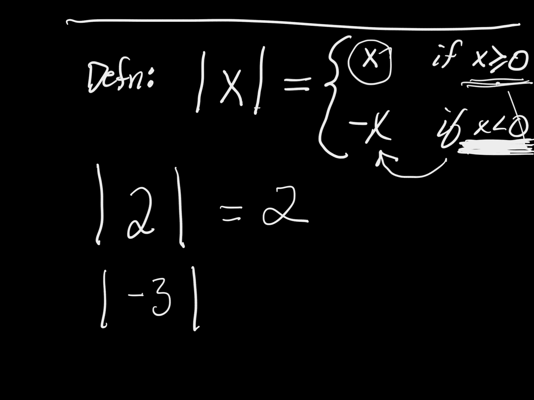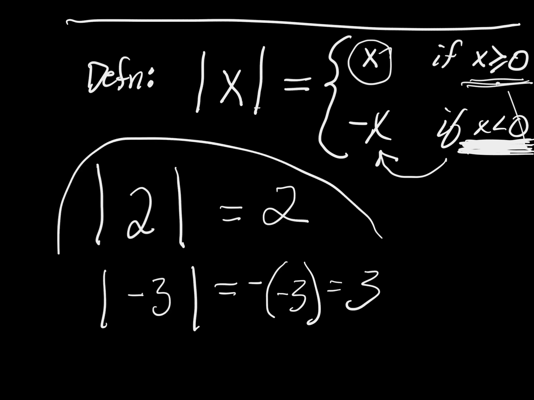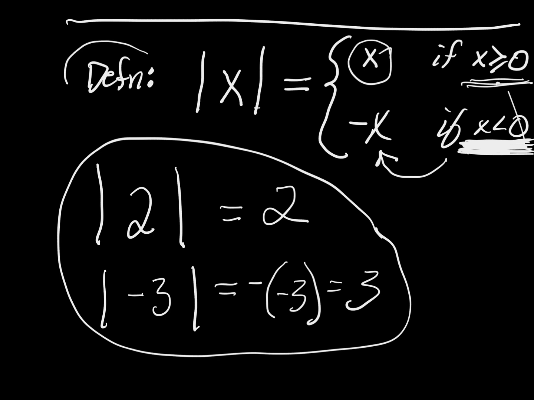Therefore, to write the absolute value, I need to take the opposite of what's inside there. So I need to take the opposite of negative 3. But the opposite of a negative is positive. This is the slight difference in understanding when you use the definition of absolute value.